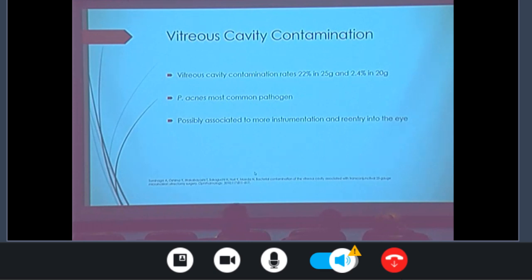Well, one study by Tominaga and collaborators compared preoperative conjunctival swabs of patients before and after the installation of topical antibiotic. Then he did 20 gauge incisions and 25 gauge transconjunctival incisions. And he took a vitreous sample before and after the vitrectomy in each one of these cases.